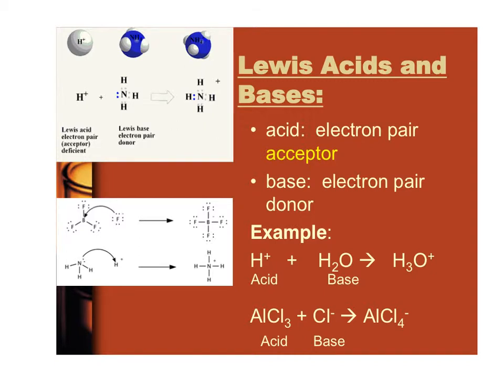If for Bronsted Lowry it was donating a hydrogen, it accepts electrons in exchange for that. So they're kind of opposites. All that I'm going to hold you to is just knowing what that definition is, so make sure you keep those straight and you're studying them. This does show you an example of something that doesn't typically look like an acid or a base, but it falls under that definition.